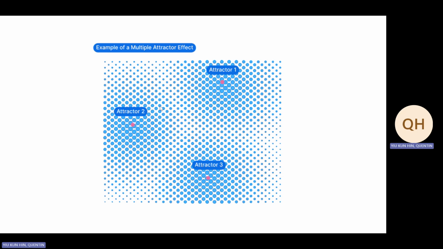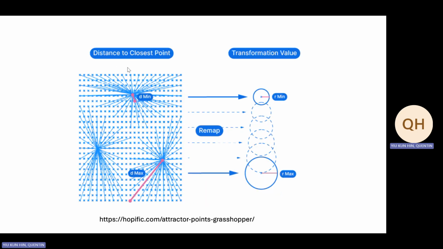So attractor point. Basically the points calculate the distance between the point and the point on the surface, and these would be the attractor points, and they will create a certain aesthetic by creating the closest distance to it, and it would go through a process called remapping. So it would remap the radius of the circle, and then the radius of the circle can vary based on the distance to the attractor point.